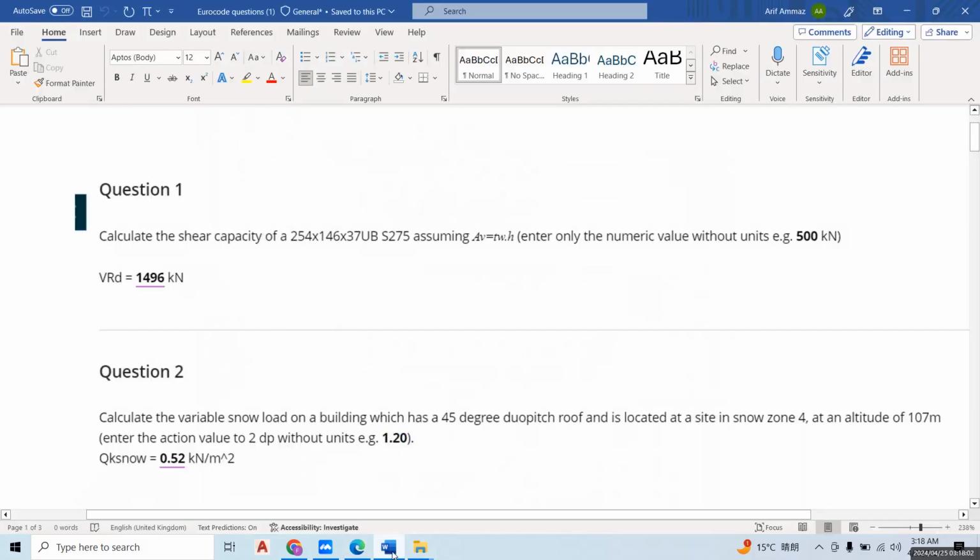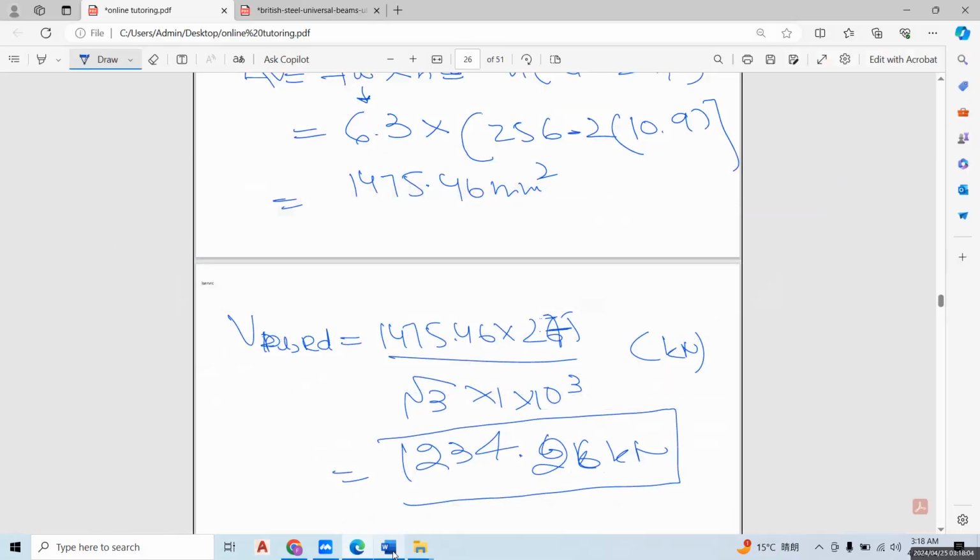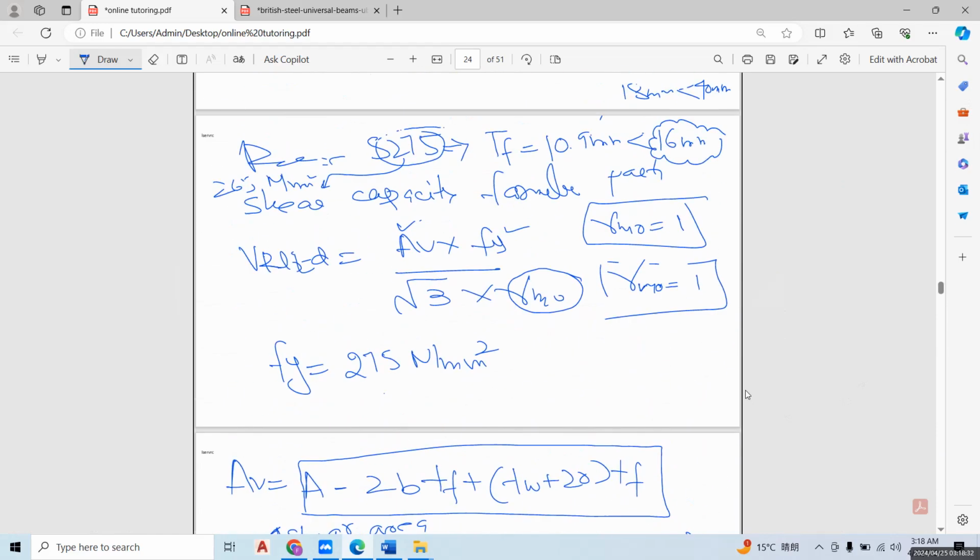Just give me a second. Brother, are you checking the solution or your answer? Yes, I'm just copying some of the notes down. Could you just go up a little bit?